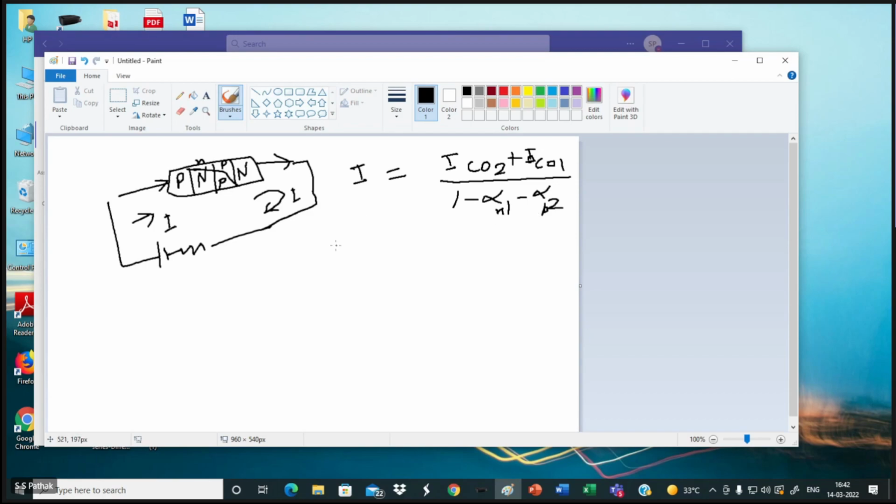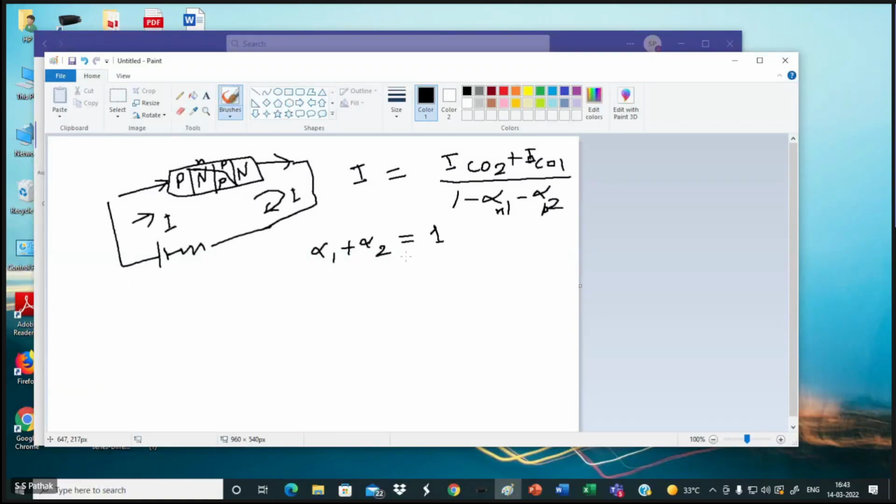Then I said, instead of individual alpha 1 and alpha 2, if alpha 1 plus alpha 2 becomes your 1, then what happens? Denominator becomes 0 and this current becomes infinite. So it is some kind of unstable state. So it is not the case actually.